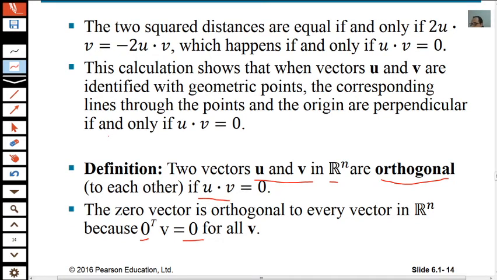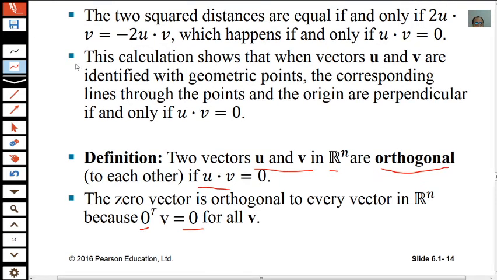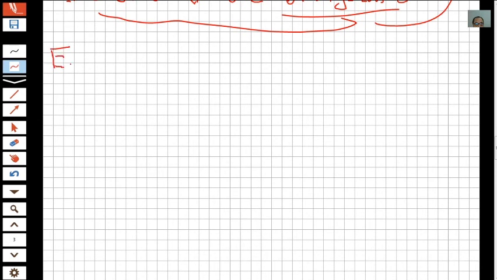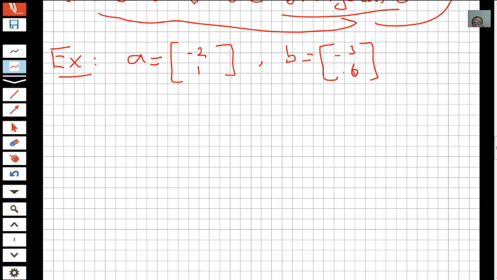And lastly, let's do an example about that. A has the components -2, 1. B has the components -3, 6.